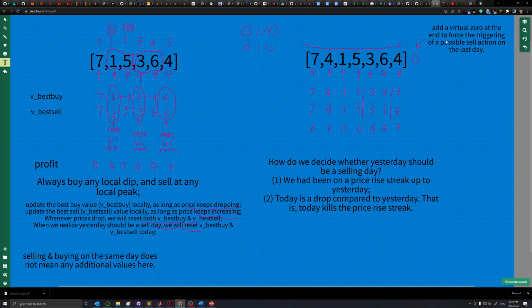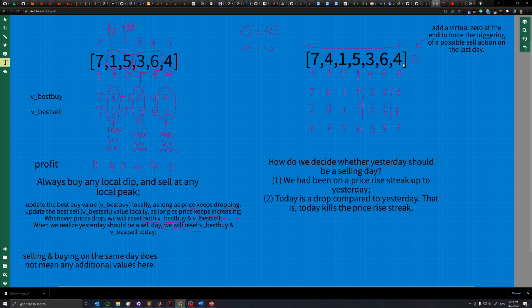And then there's one more additional trick. Sometimes you have been on a continuous price rising streak, and there's no dip, no end of that price rising streak. On the last day your price value has increased a lot, but you still need to cash it in.